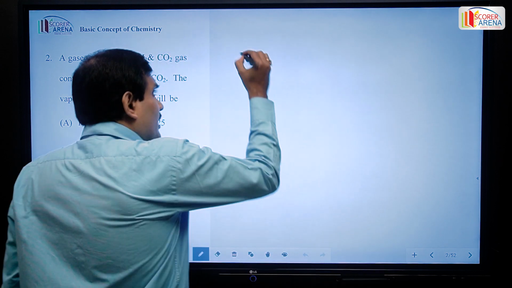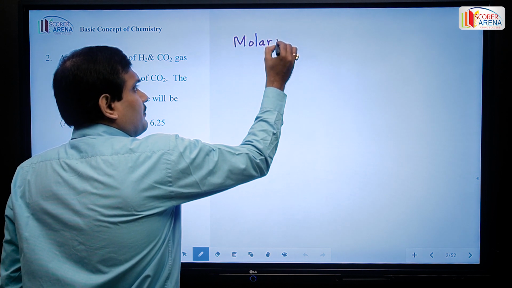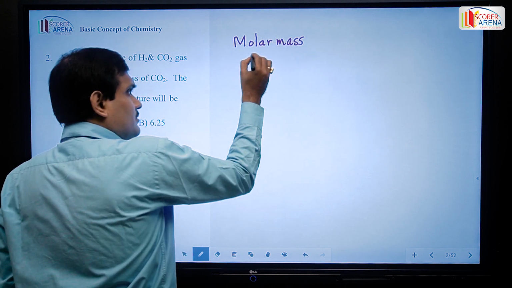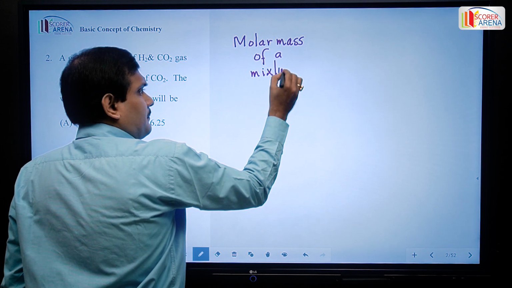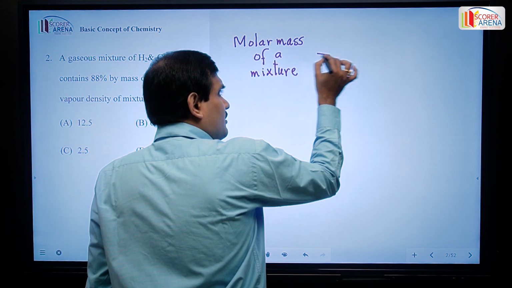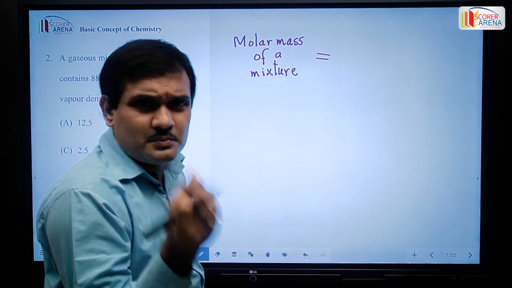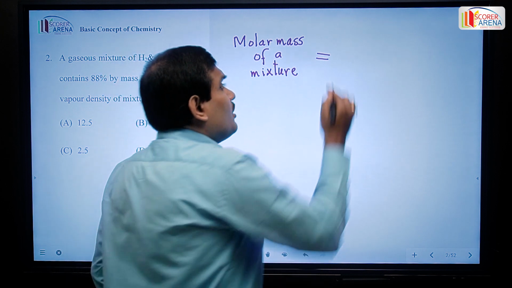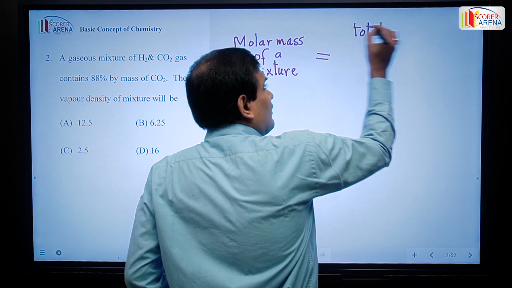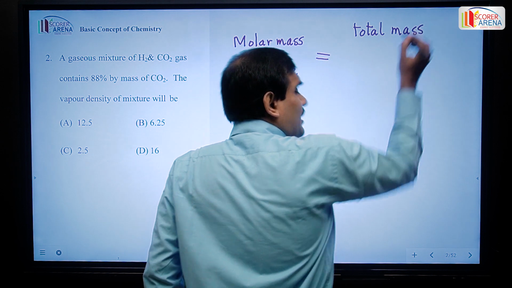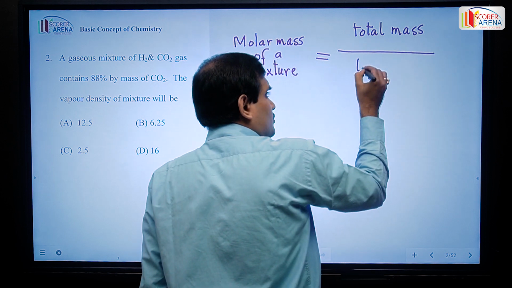The molar mass of a gas mixture is equal to the total mass of that mixture divided by the total number of moles.